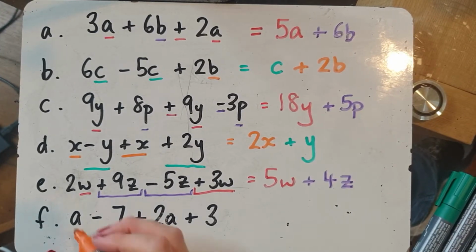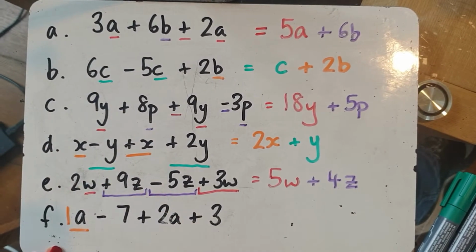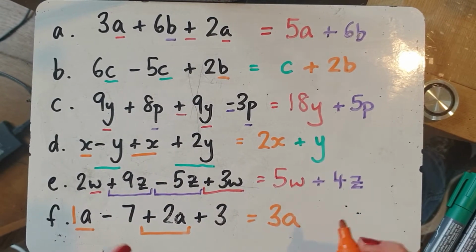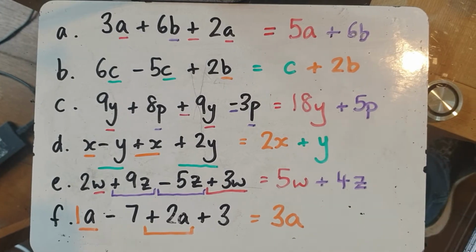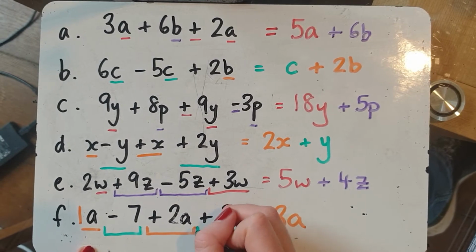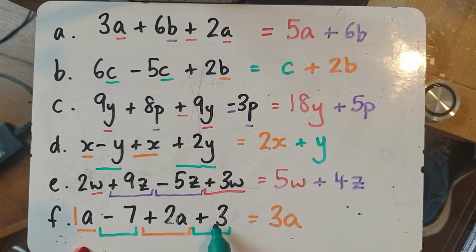Last one, I've got 1a there. Remember, really there's a 1 in front of it. And then plus 2a, so I've got 3a. And then I've got minus 7, negative 7, plus 3. So these are like terms because they're both just numbers.